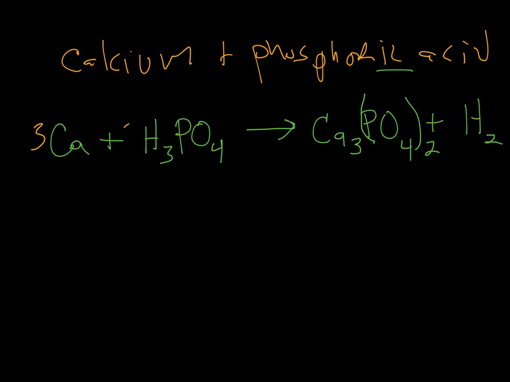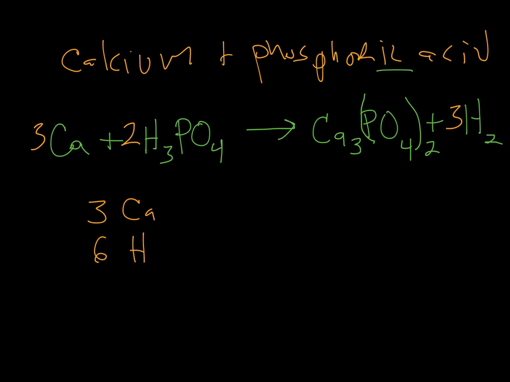So I'm going to put a 2 right here. That gives me 2 phosphates, but now it gives me 6 hydrogens. Over here I only have 2 hydrogens. So that means I need to put a 3 there.